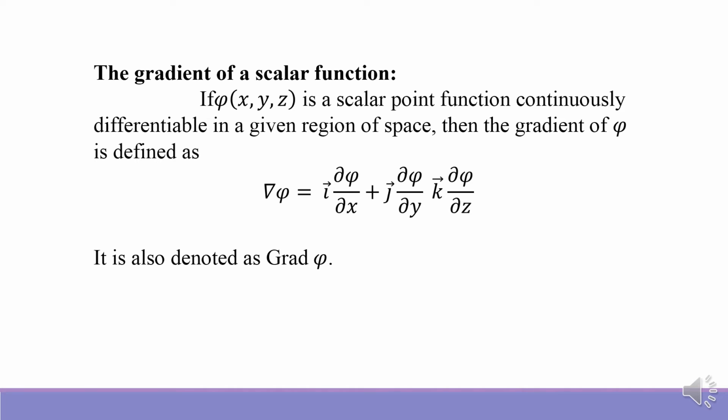Phi of x, y, z is a scalar point function continuously differentiable in a given region of space. Then the gradient of phi is defined as del phi, that is equal to vector i into dou phi by dou x plus vector j into dou phi by dou y plus vector k into dou phi by dou z. It is also denoted as grad phi.